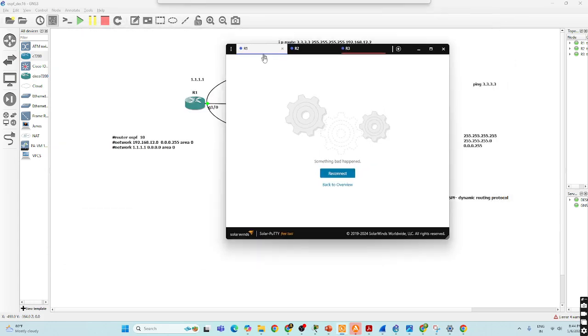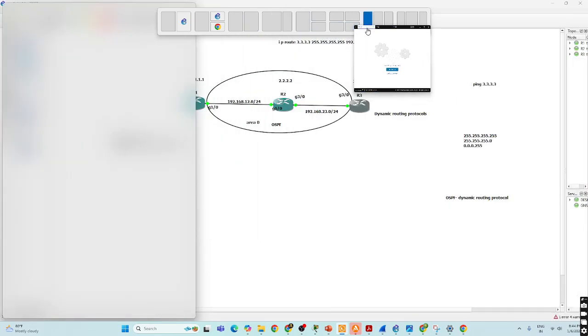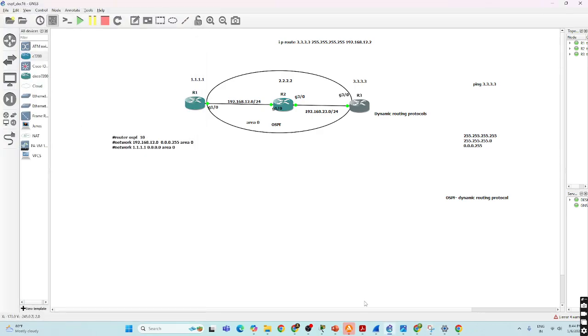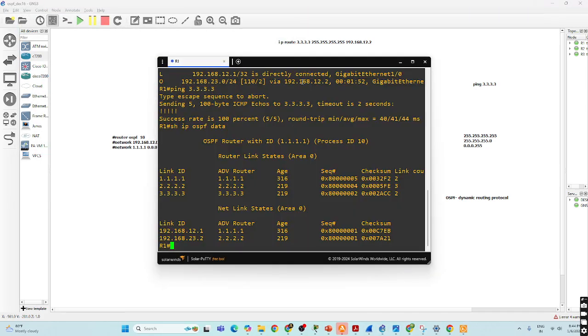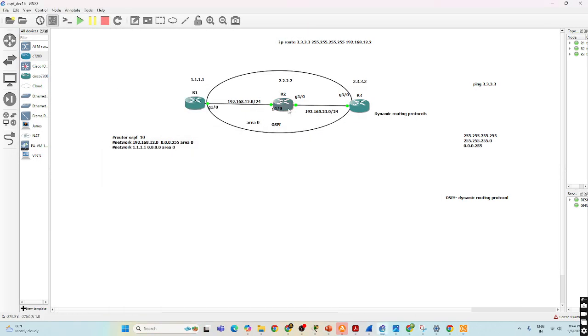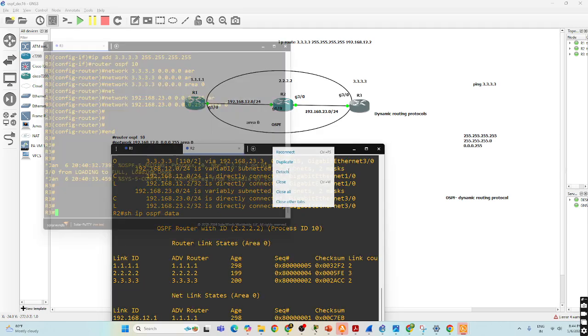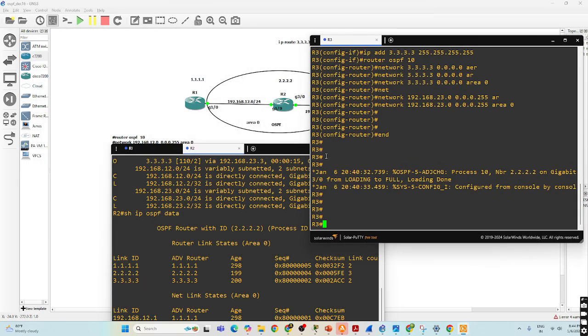See, oh, 3.3.3. Okay. This is one, and this is another one, and this is another one. Okay, let's detach this. Okay, see, one database.